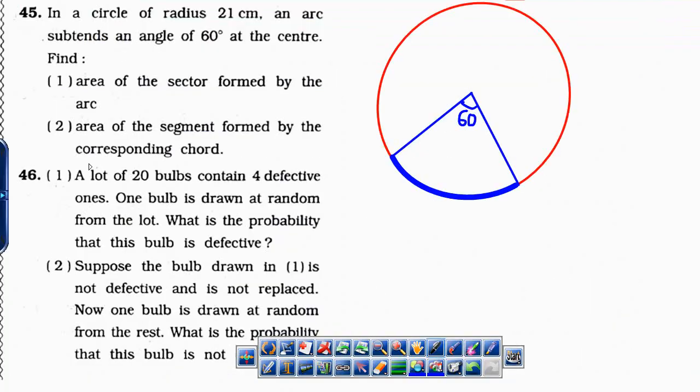The radius of this sector is 21 centimeter. So this is the radius. This is the radius. Question number 1, find the area of sector.